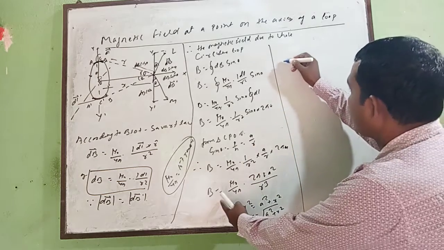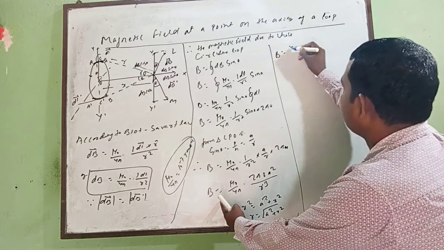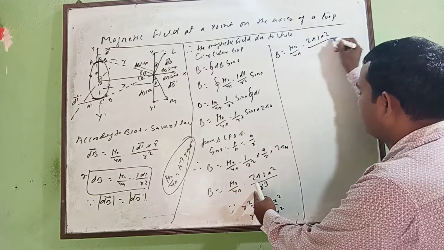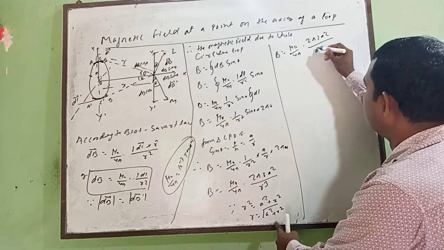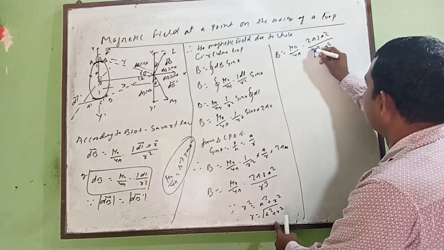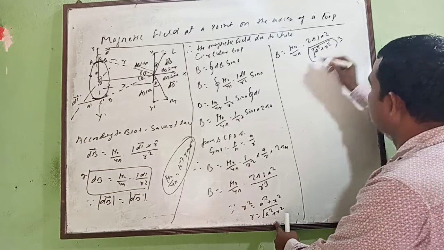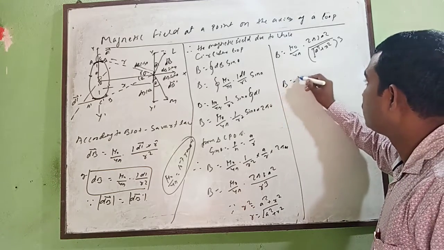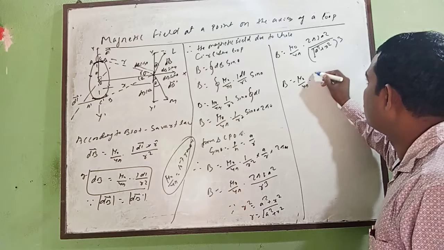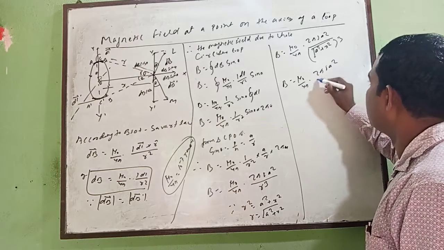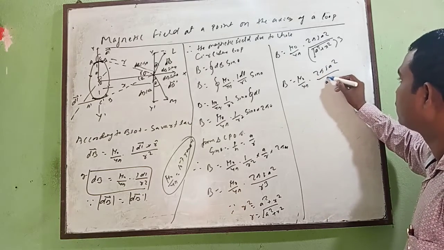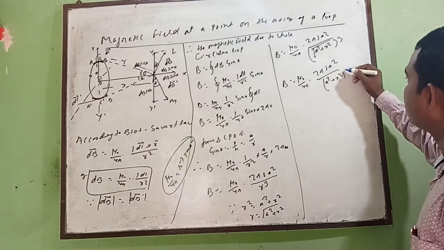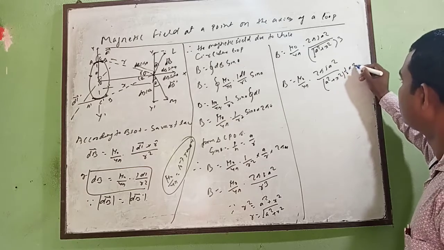So here B equals mu naught by 4 pi into 2 pi I A square divided by, at the place of R, root under A square plus X square, and the power is 3. You can write this as A square plus X square to the power 1 by 2 into 3.